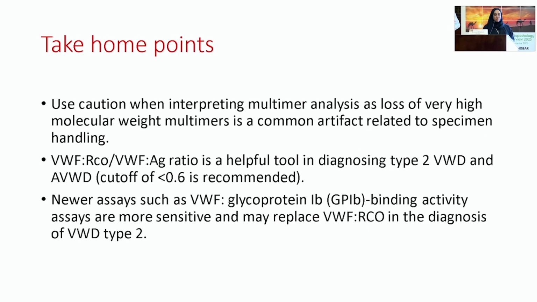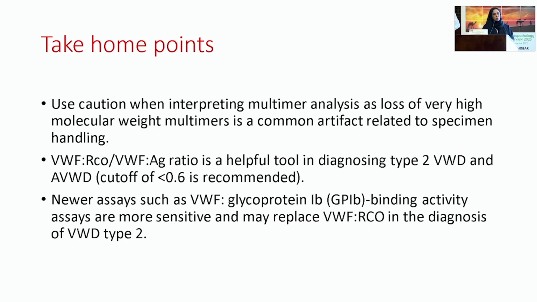We received a lot of reports from them saying that in pediatric patients, there is loss of very high molecular weight multimers. Do not jump to conclusions. This is seen in acquired von Willebrand. However, it is most commonly seen in specimen mishandling.